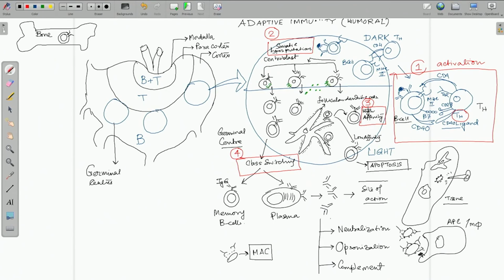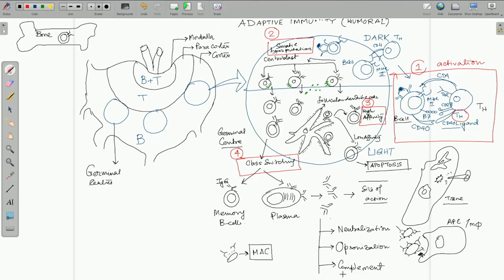Plasma B cells are ultimately the secretory cells that secrete the antibodies, and these antibodies go to the site of inflammation, or the site of action, and perform several functions like neutralization, opsonization or complement activation.